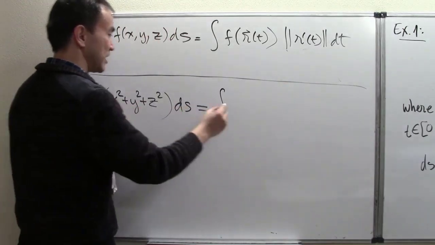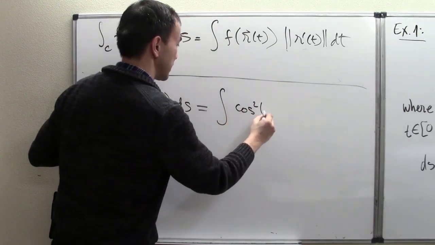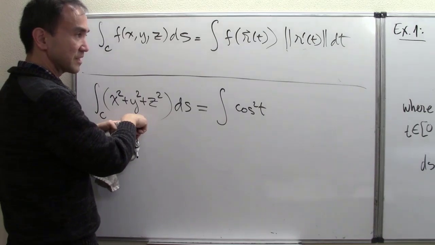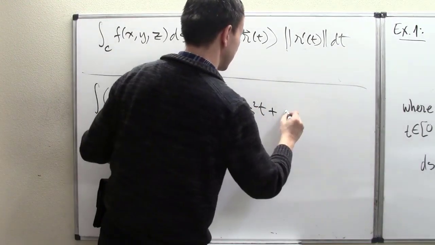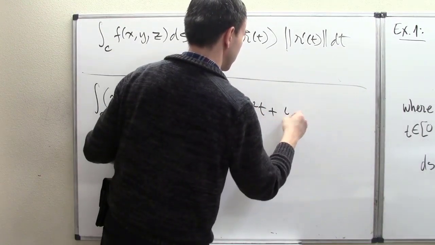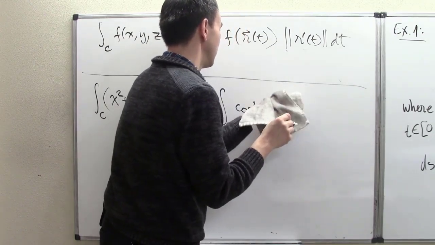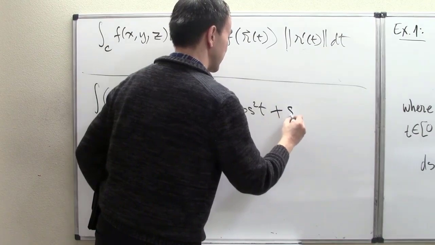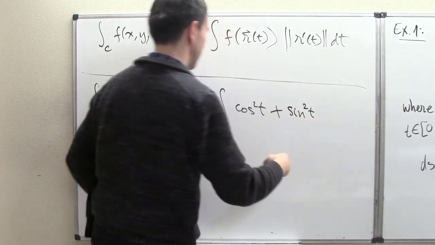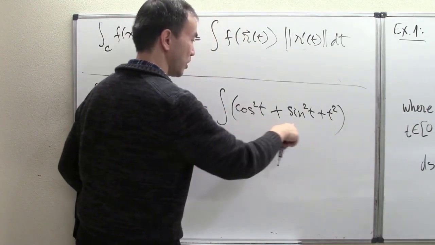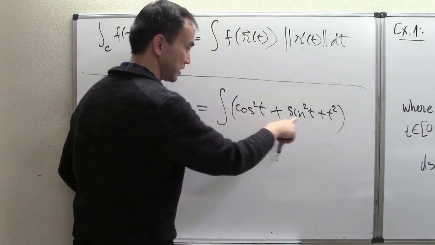Now x becomes cosine squared of t because it's x squared, and then y is substituted by sine, so I'm looking at plus sine squared of t plus t squared. That's how I substituted x, y, and z by the corresponding cosine of t, sine of t, and t.